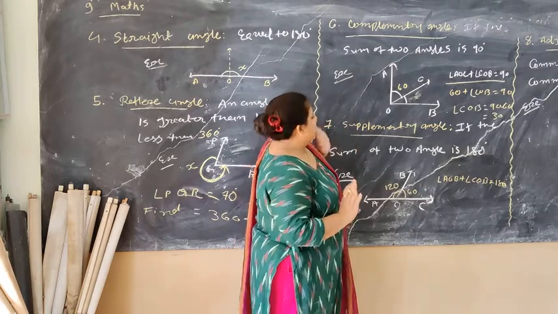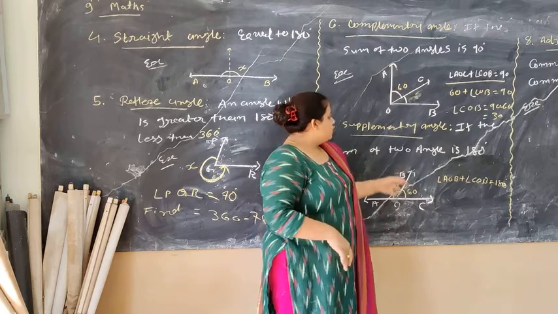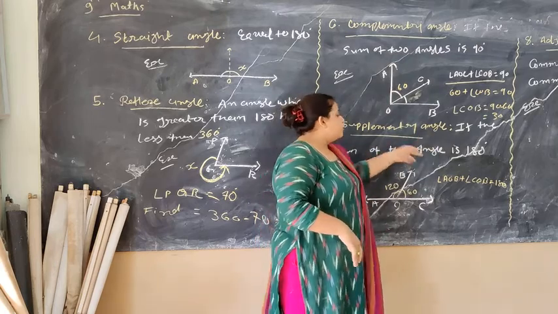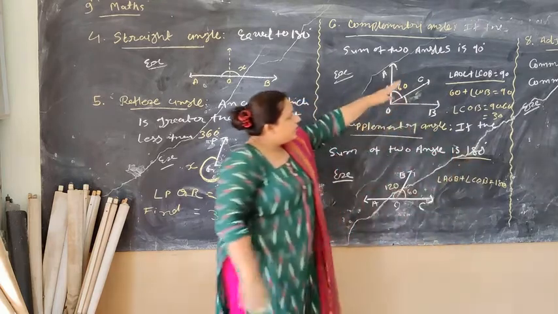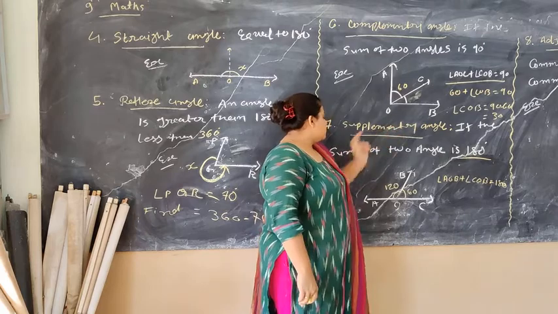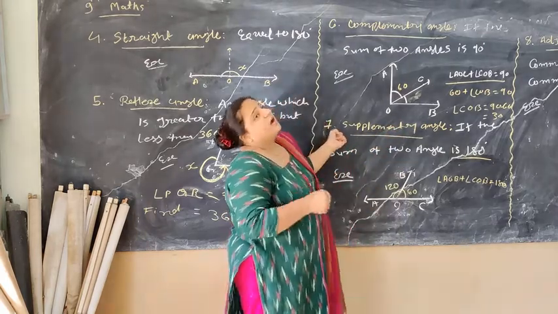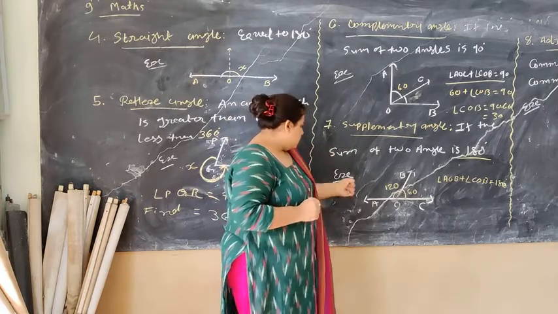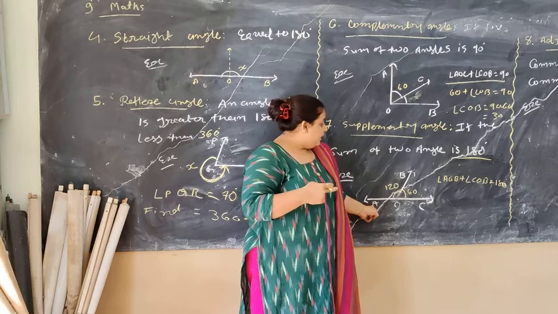Similarly, supplementary. There is no more logic, but the sum will be changed. If the sum of two angles is 180 in place of 90, right? If the sum of two angles is 180, that means they are supplementary angles. For example, which is the 180 angle?